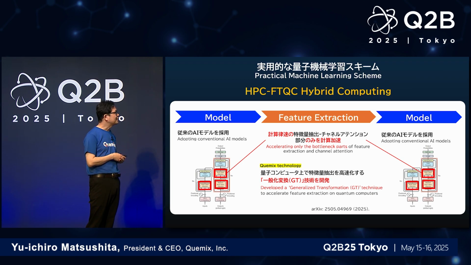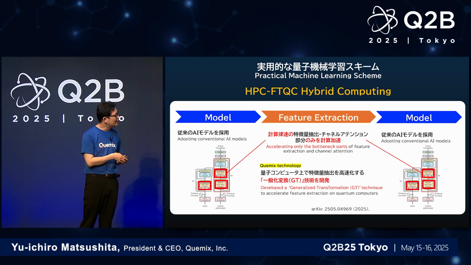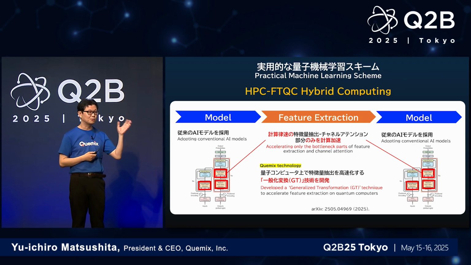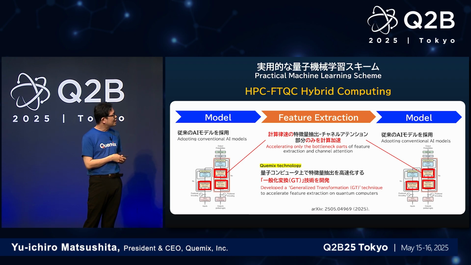But in the conventional AI model, there's multi-head attention. This is where the greatest energy consumption takes place. We have decided to quantum accelerate this. And if we're able to accelerate this, we would input this in the classical AI model, and then we would just continue to run this AI loop.